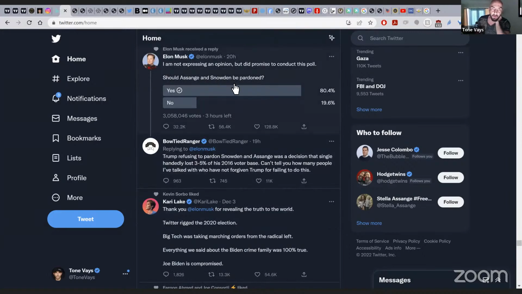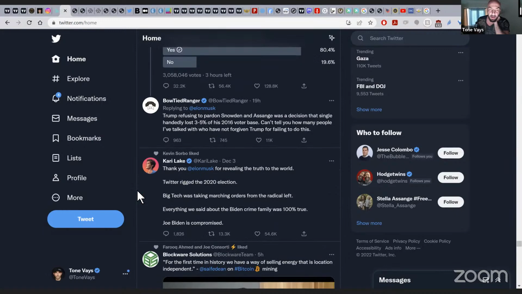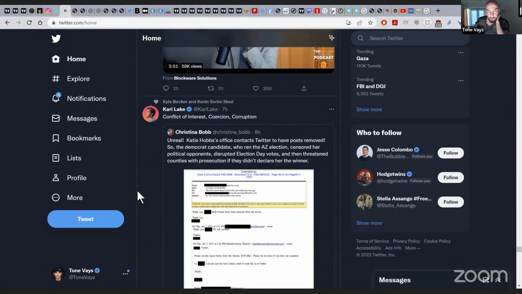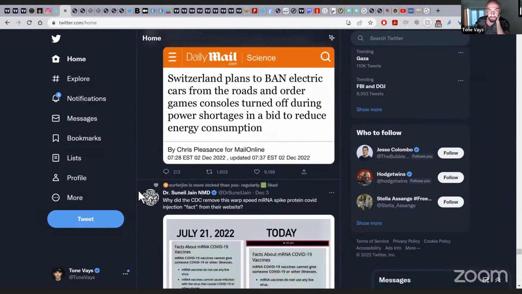Yeah, Assange and Snowden should definitely be free. Snowden should be the head of the NSA, and Assange should be the head of a media organization in the US. Switzerland's gonna ban electric cars. That's hilarious.